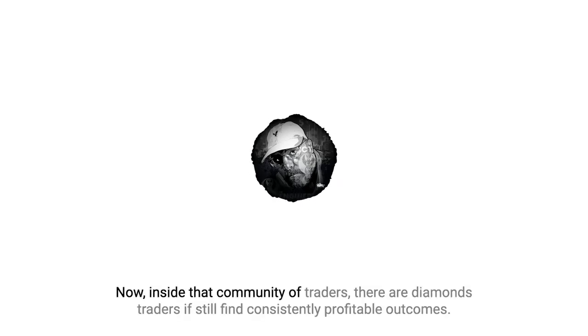They tend to be the losing crowd most times. Now, inside that community of traders, there are diamonds, traders that still find consistently profitable outcomes. But the logic even those individuals use is flawed.